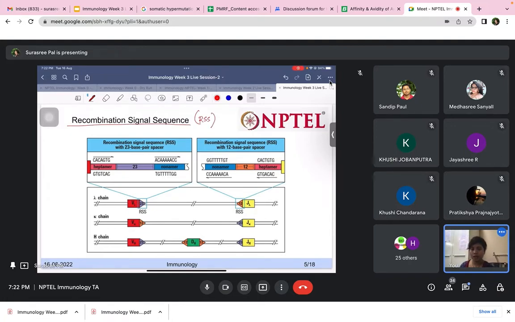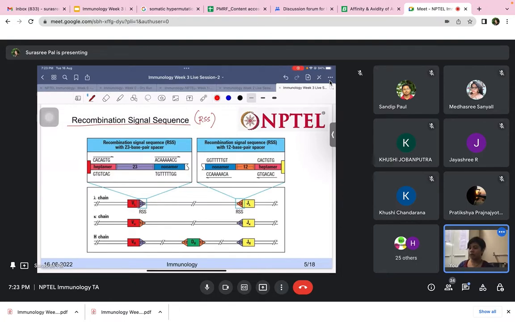What is the necessity of these recombination signal sequences? They actually determine which V segment can pair up with the J segment, or which D segment can recombine with the J segment, like that. So it helps in the recombination of the VDJ segments.